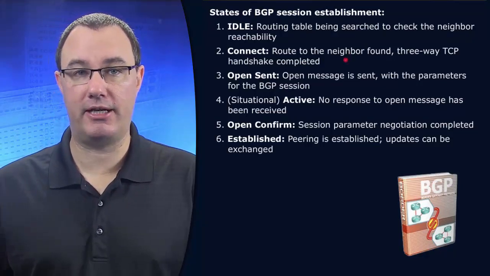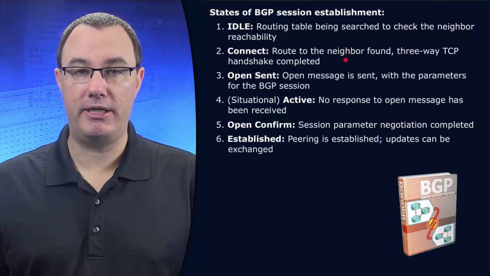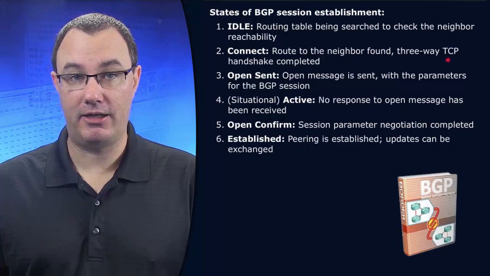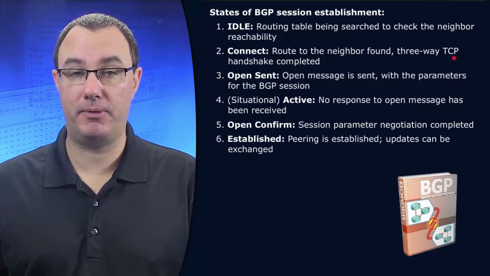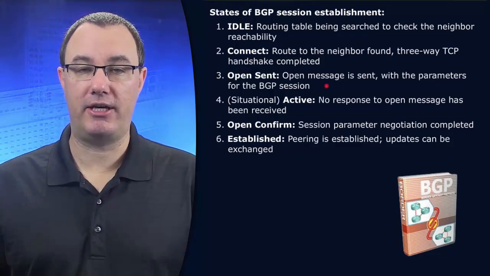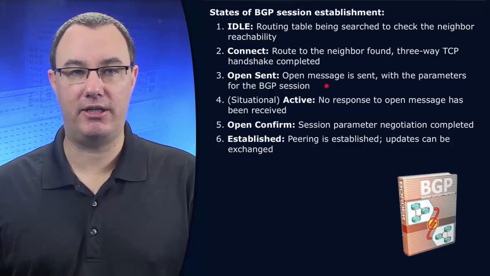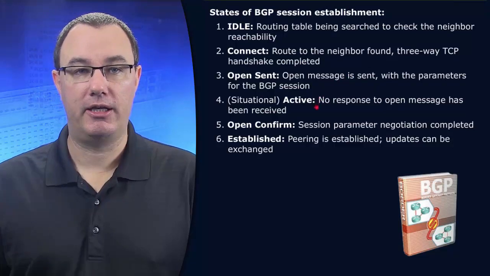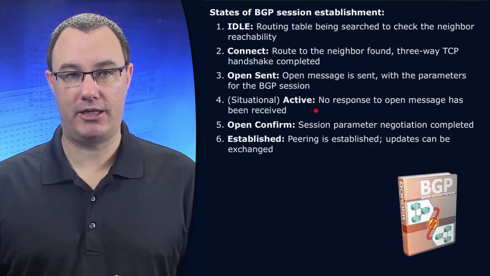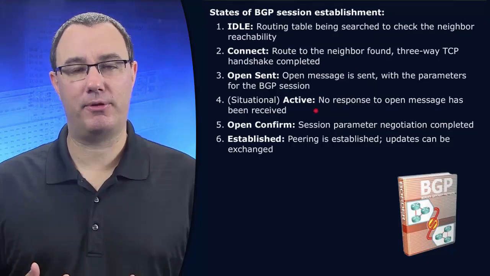The next is connect. We form a neighborship over TCP port 179, and so we're going to go through the three-way handshake. Be mindful that TCP port 179 can also be filtered. Then we send an initiation, basically announcing ourselves, and let's say we've undergone the three-way handshake, but then we don't get reciprocation.